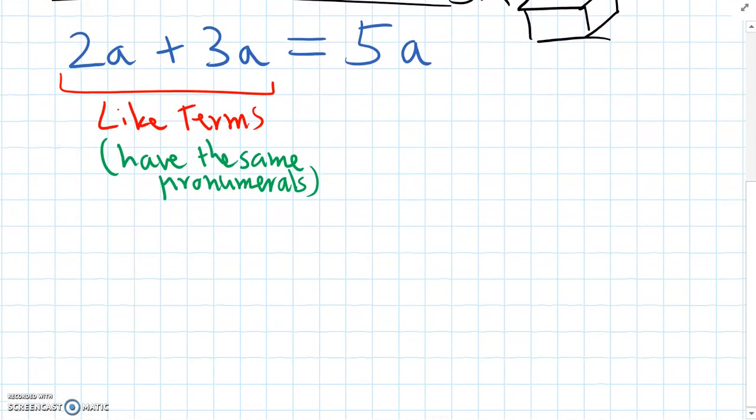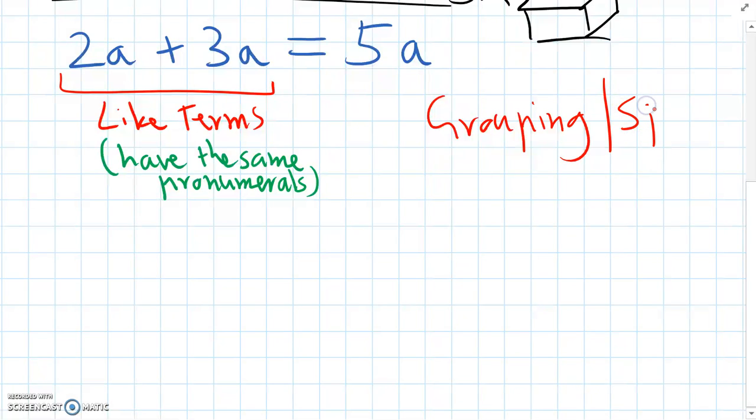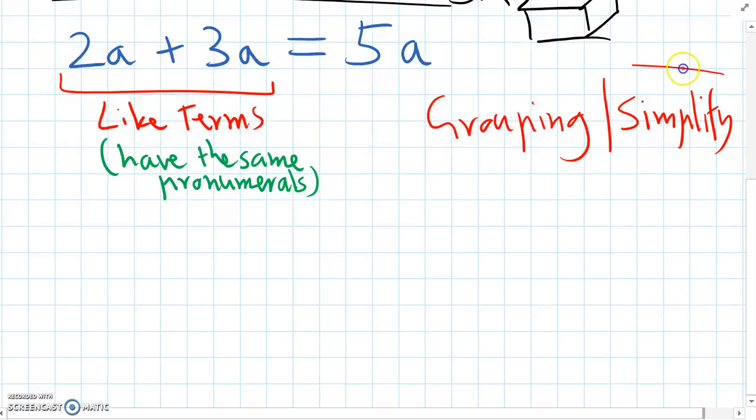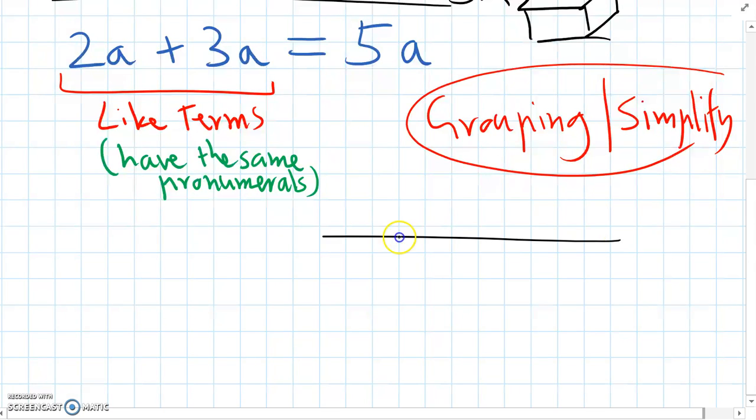So whenever we see expressions with the same pronumerals, we can combine the like terms together. And this is called grouping the like terms, or simplifying, because we're making fewer terms than we started with.